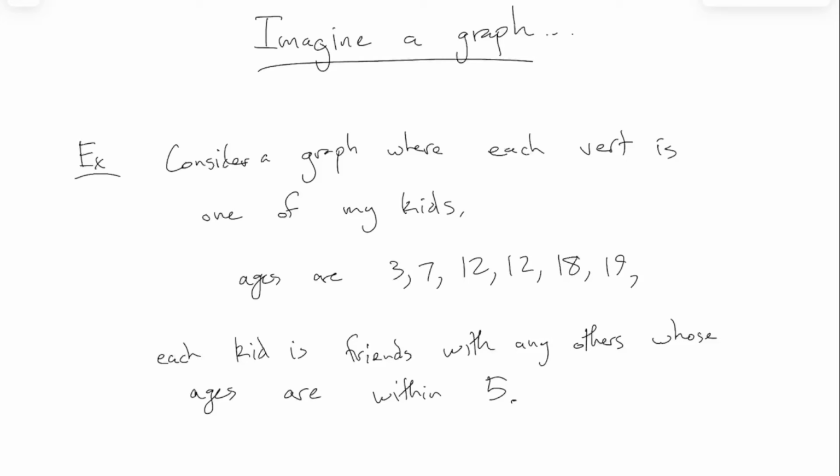So like the 19-year-old is not really friends with the 3-year-old naturally, but the 19-year-old is friends with the 18-year-old, and so on. This is meant to be a vaguely realistic situation. Can you express this whole scenario using a graph? And by looking at the graph, can you decide anything or say anything about this scenario in real life?